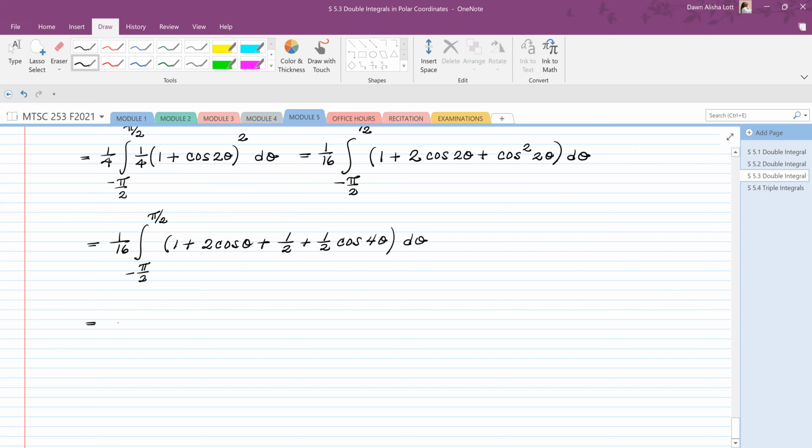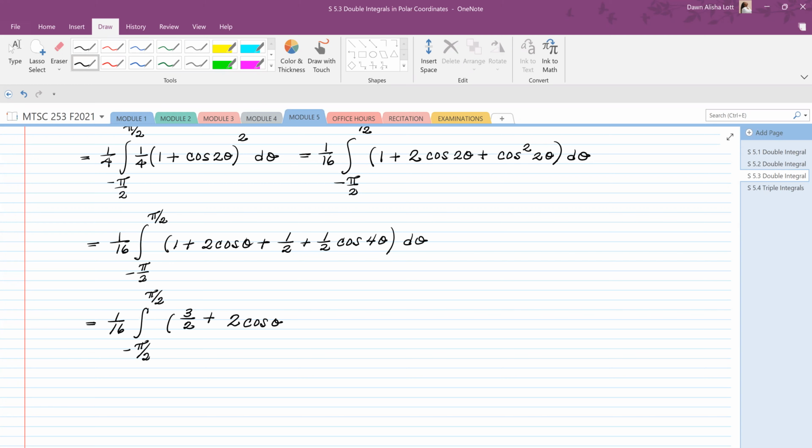So I get 1 over 16 the integral from minus pi over 2 to pi over 2 of 1 plus, nope, 3 halves, 3 halves plus 2 cosine theta. That's wrong.